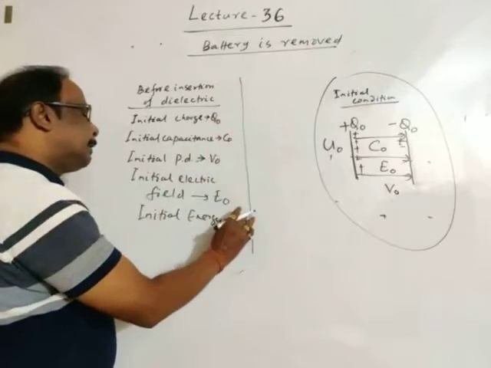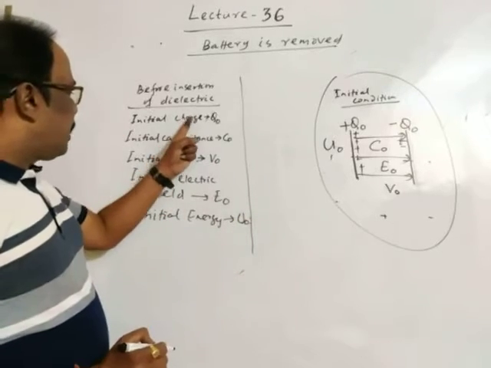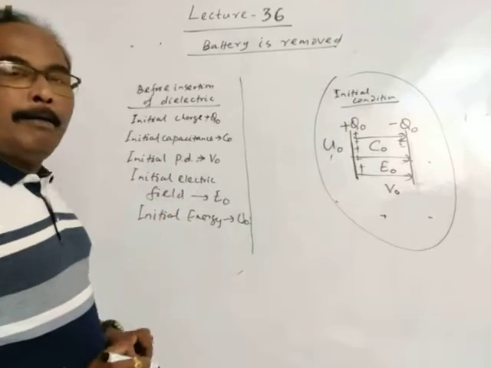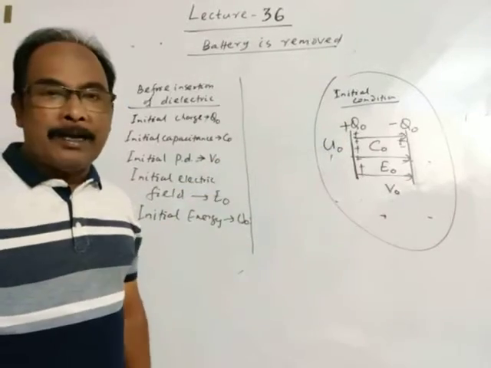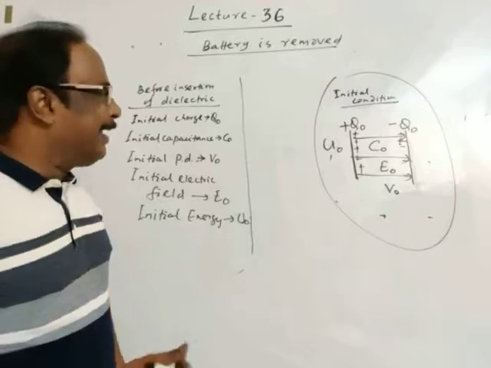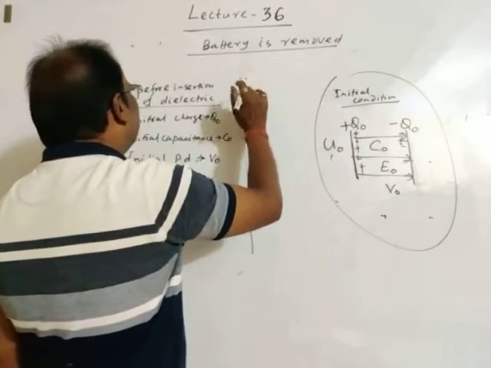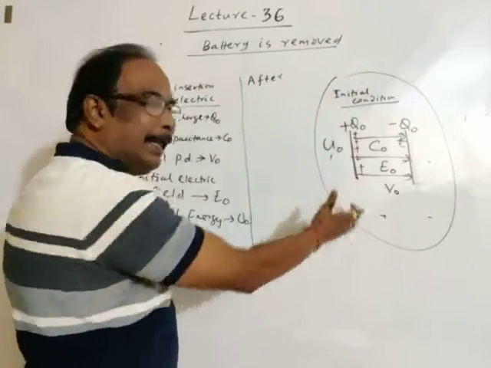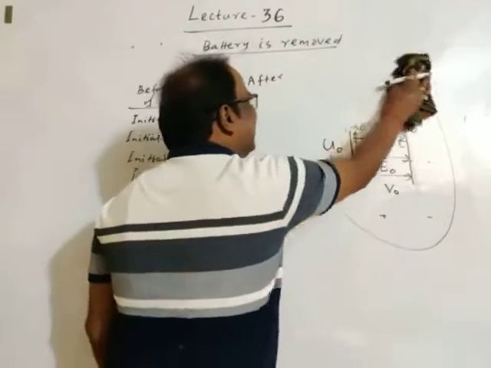So these are the parameters of charge, capacitance, potential difference, electric field, and energy before inserting the dielectric, in this condition just after removal of the battery. Then finally we'll take the values after insertion. Now I will erase it. These are the initial conditions we have already discussed.